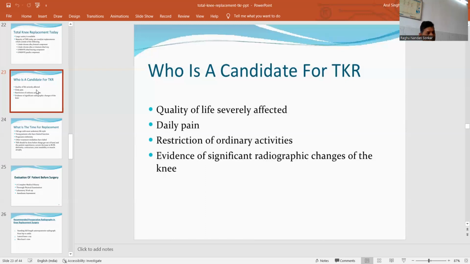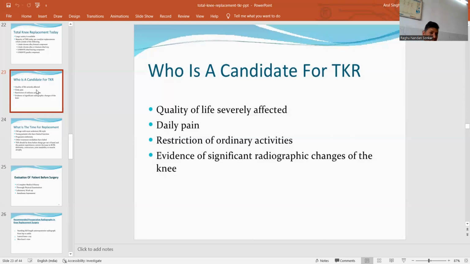Daily pain: the patient is suffering from pain 24 by 7, or at least pain in general walking, climbing stairs, sitting, in any activity. If he or she is sustaining pain, that is a good candidate for TKR. Restriction of ordinary activity means walking, climbing stairs, sitting.